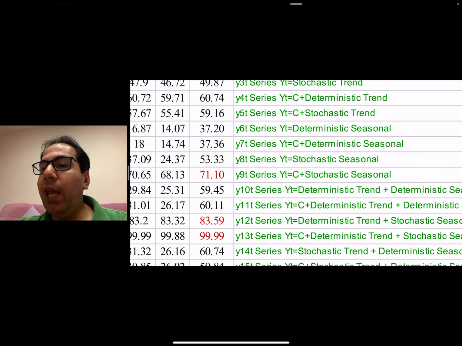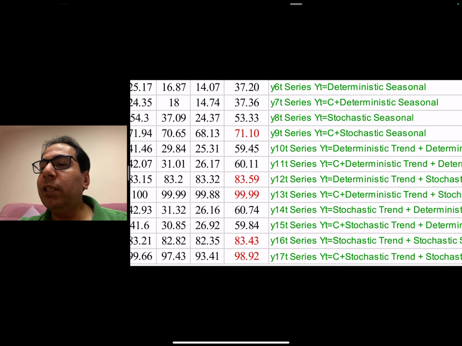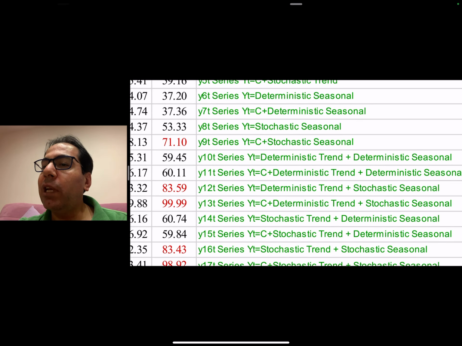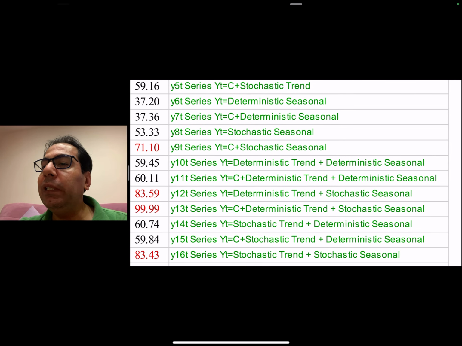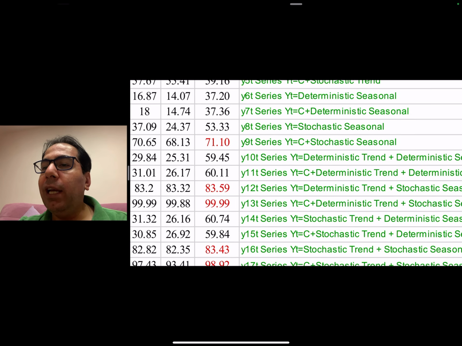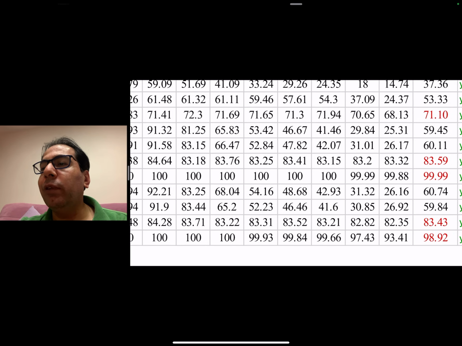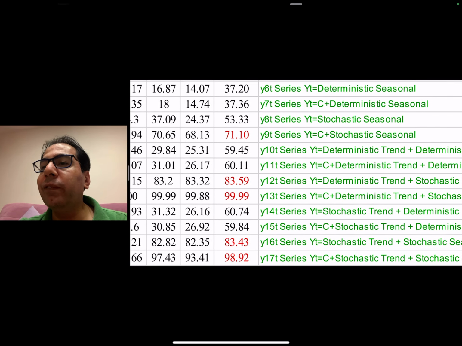And even this is going to be more than 99.9 for series number 13. If the time series has a deterministic trend and a stochastic seasonal term, in general the Akaike information criterion will definitely catch the actual model, fit the right model, and it won't fit the other models.